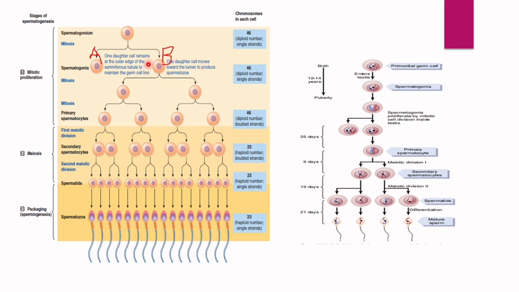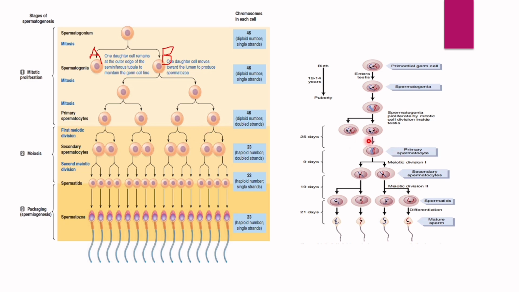So the spermatogonia B would further divide and move closer to the lumen so that it can be transported out of the seminiferous tubule. This one will further divide via mitosis to form what are called primary spermatocytes.